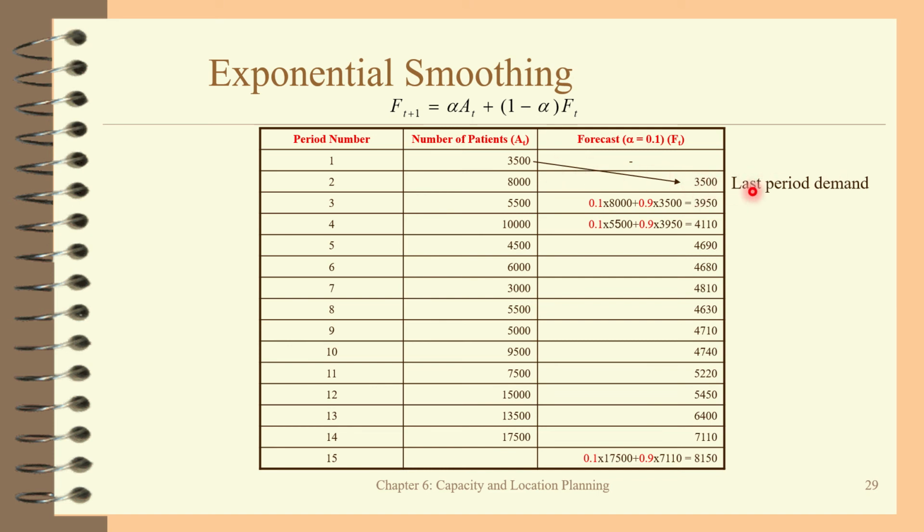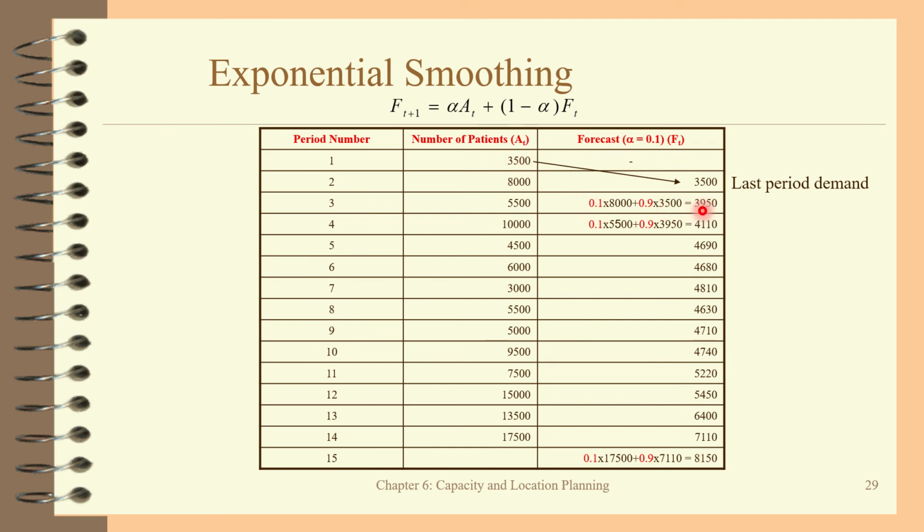Just only this one. So F2 is equal to 3,500. And for F3, in this case, you need to use this formula, right? Suppose alpha is equal to 0.1, given in your question.